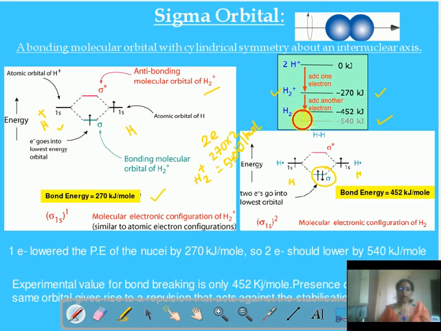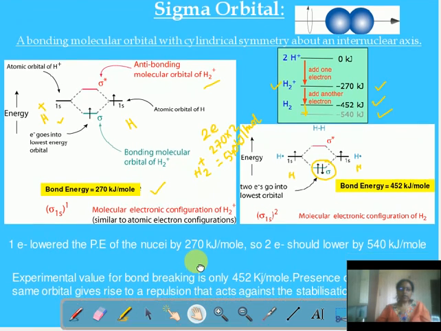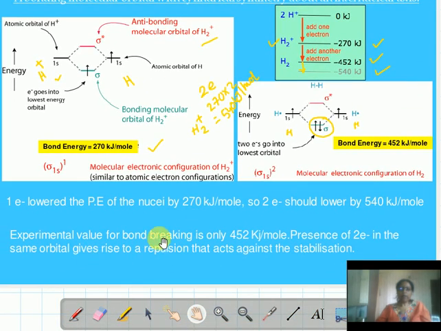But experimentally, when we add one electron to this system, we get an energy of minus 452 kilojoule per mole. So you can see that it is not getting doubled. The experimental value for bond breaking is only 452 kilojoule per mole.